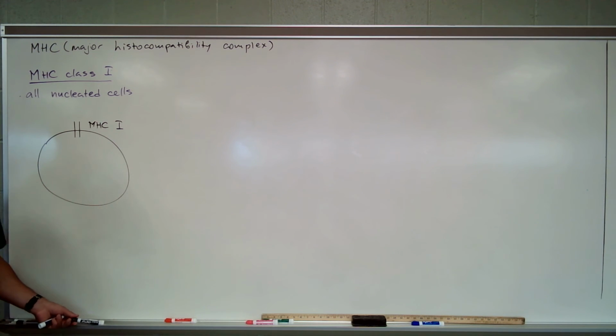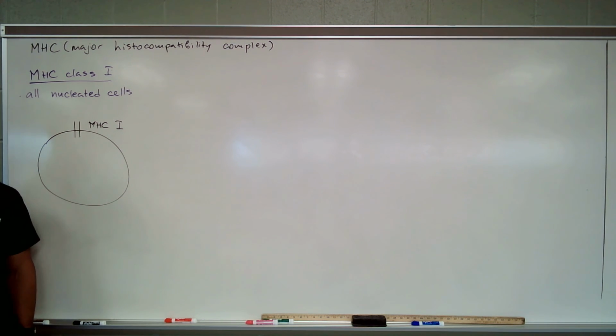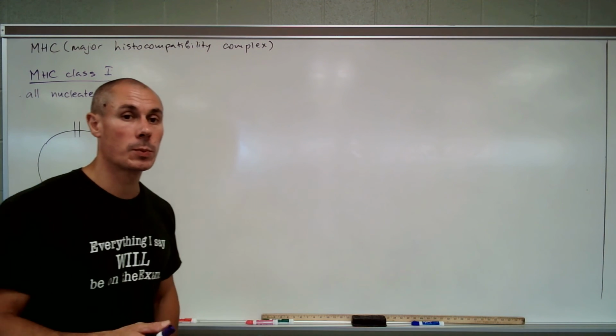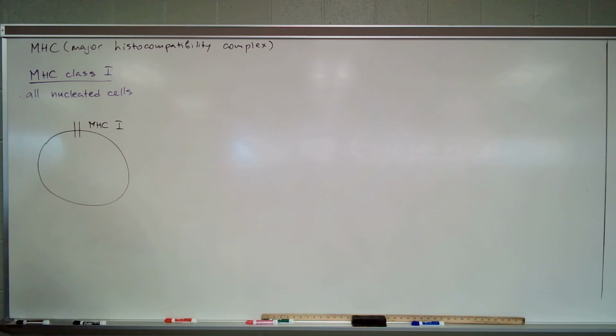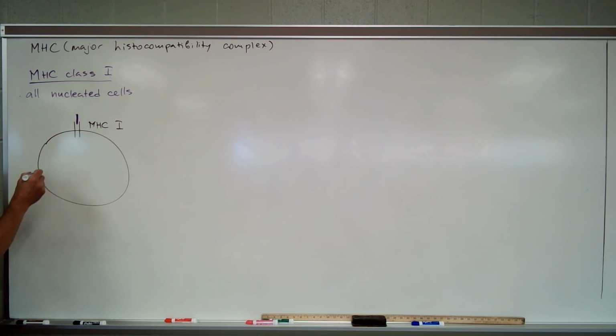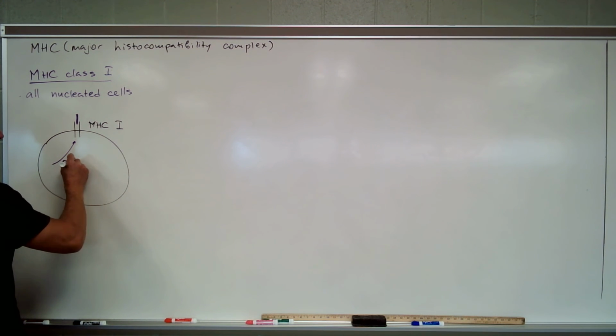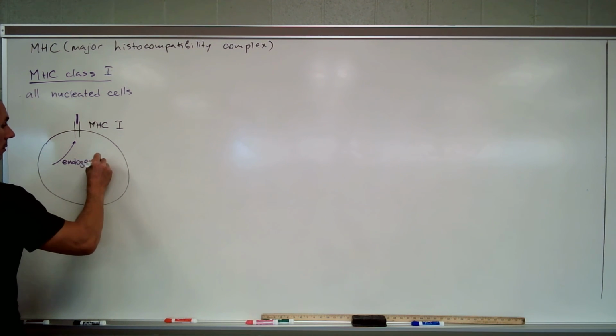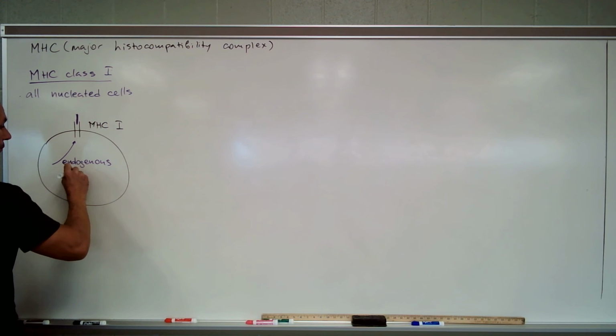Now, do your cells produce proteins? 0 out of 10 question. Do they produce proteins? Yes, of course. So some fragments of those proteins get shipped to MHC Class 1 and they are exposed outside. This is what's called endogenous antigen.